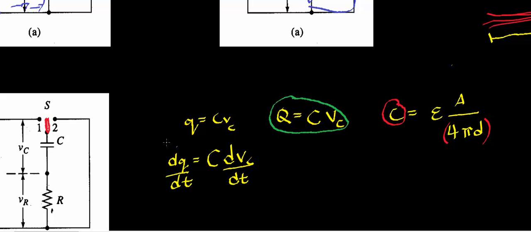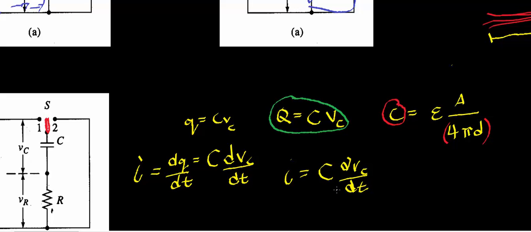And actually, dq/dt is the instantaneous current. So what we can rewrite this as is that the instantaneous current is equal to the capacitance times an infinitesimally small change in voltage across the capacitor with respect to time. Now, one important thing that comes out of this is what happens if we have a voltage that's not changing with time?